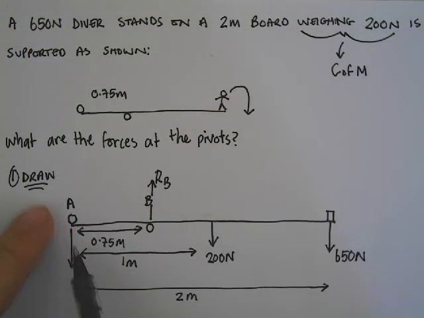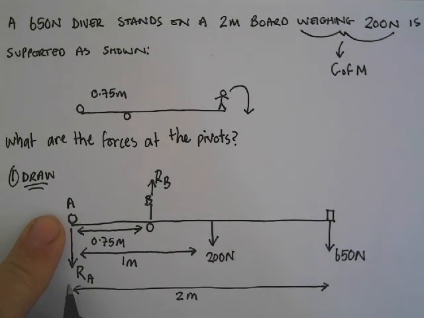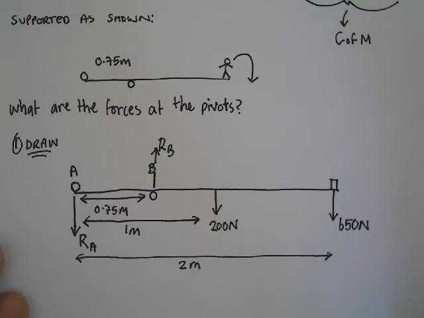The important thing here is that you'll see that by taking moments about A, the force RA is not going to contribute to that moment at all because its distance from A is 0 meters. So that will not be in the equation, and it means that we only have one unknown, and this becomes really simple to solve.